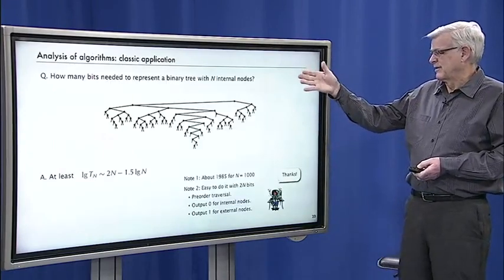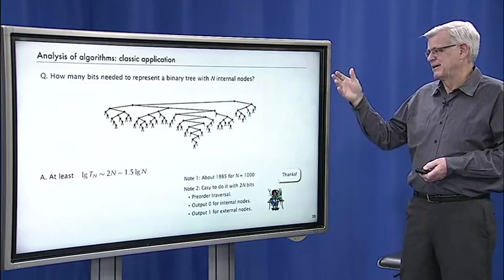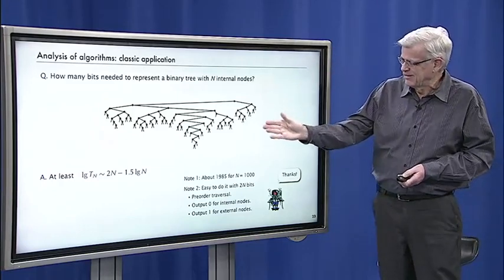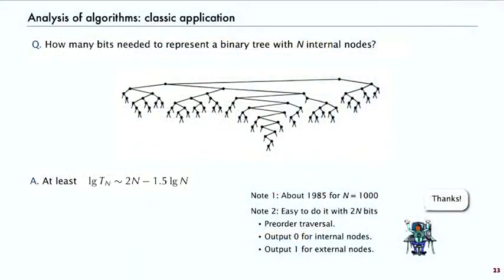Or if you want to answer our question, how many bits do you need for a binary tree with n internal nodes? You can answer it directly. It's about 2n minus 1.5 log base 2 of n. And even a working programmer is going to say, oh, that's a little less than 2,000 bits for n equals 1,000. And by the way, it's actually easy to represent a binary tree with 2n bits.